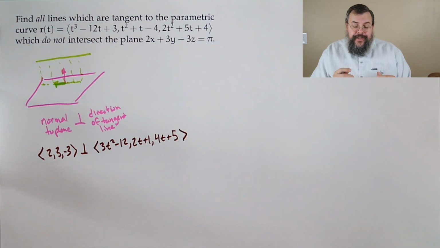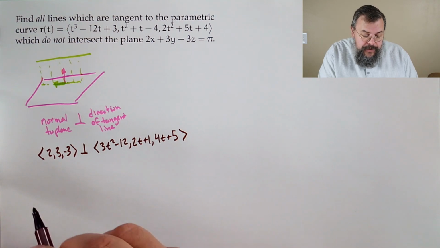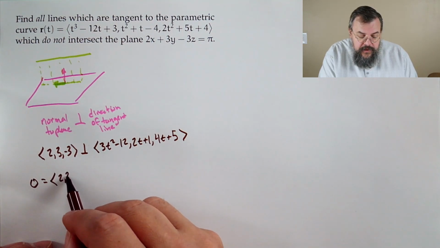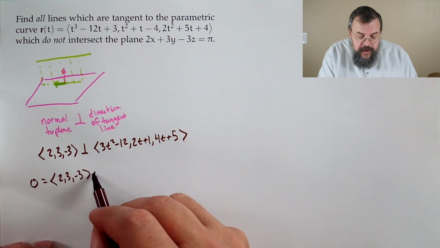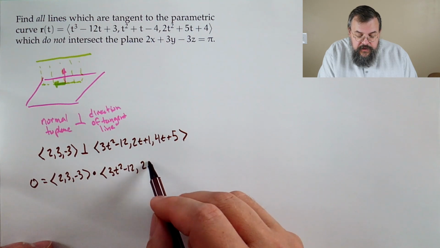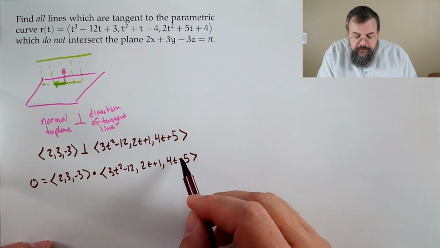All right, so now we're great. How do we know when two things are perpendicular? The dot product is 0. So 0 is equal to (2, 3, negative 3) dot (3t squared minus 12, 2t plus 1, 4t plus 5).